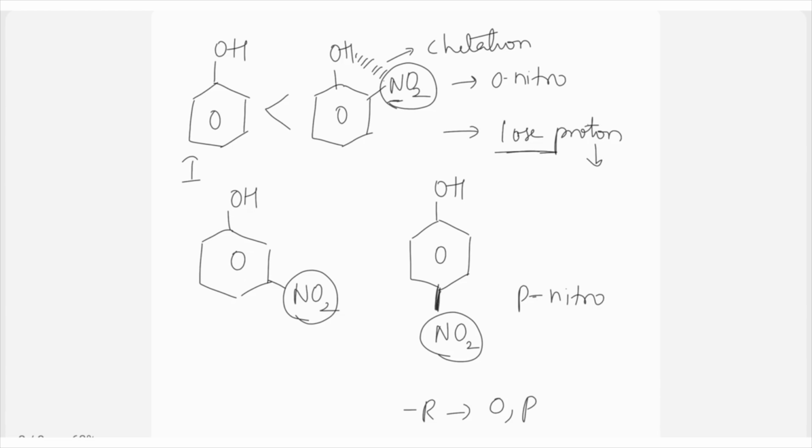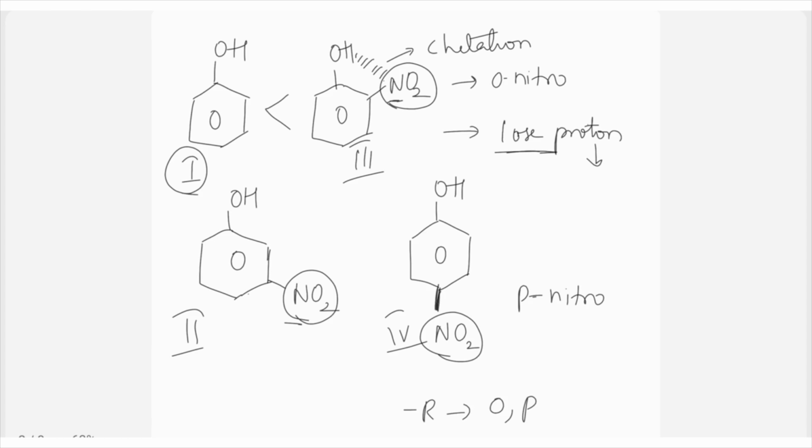So phenol is less than metanitro; the electron withdrawing behavior at the meta position is least. So the first least acidic is phenol, second least is metanitrophenol, third least is orthonitrophenol, and the top position is given to paranitrophenol.